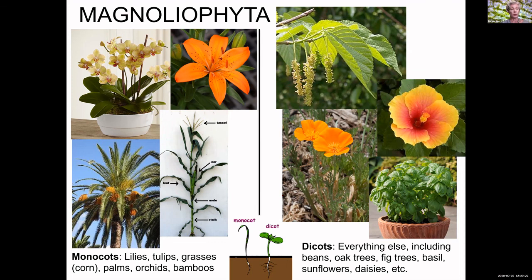Those include the Lycopodiophytes and the Pteridophytes. Then we have the plants with seeds and pollen, the cone-bearing plants, Ginkgophytes, Cycadophytes, and Pinophytes. And then we have the flower and fruit plants, Magnoliophytes.